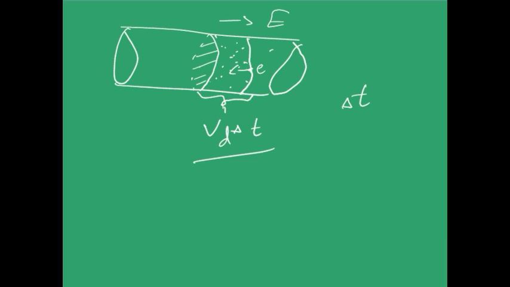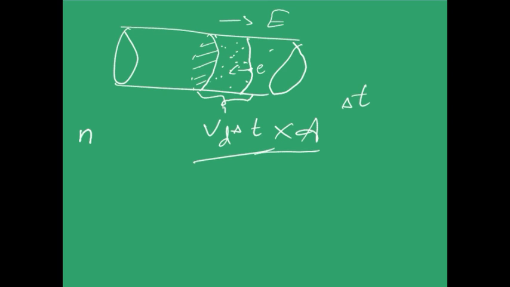So how many electrons are there in this region? Let me introduce you to a new term, n. n is nothing but the number of electrons per unit volume. Now what is the volume of this region? If the cross-sectional area is A, this is the length, right? vd into delta t, and area is this one. So this is the volume of this region which I am interested in.